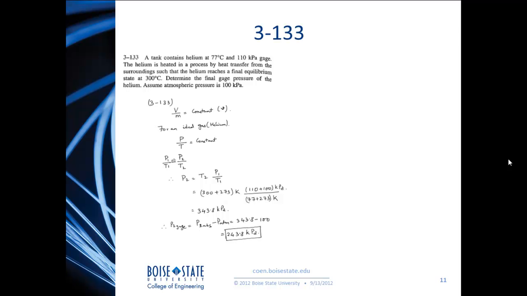However, you're asked to determine this pressure in gauge. So the way you do that is, the pressure which you got, subtract the atmospheric pressure, and you would end up with 243.8 kilopascals, which is the gauge pressure at state 2.